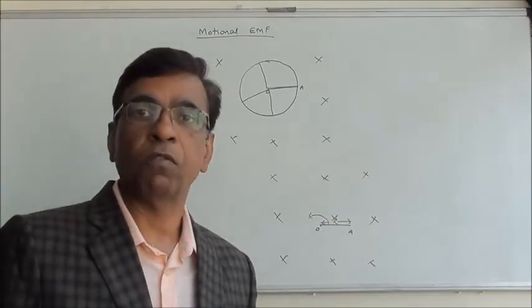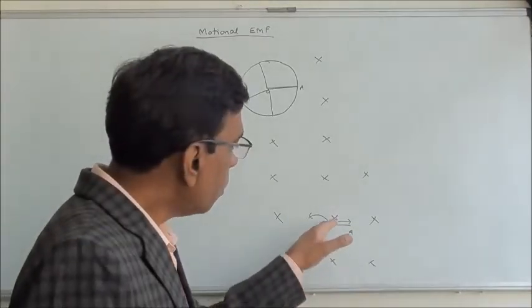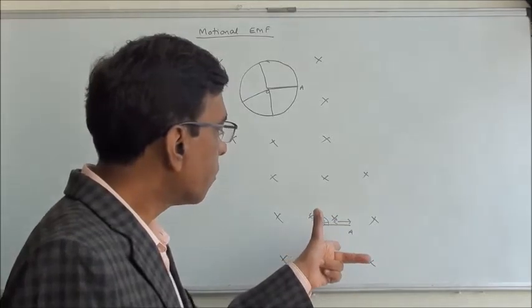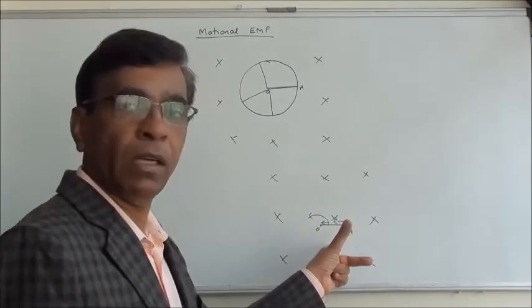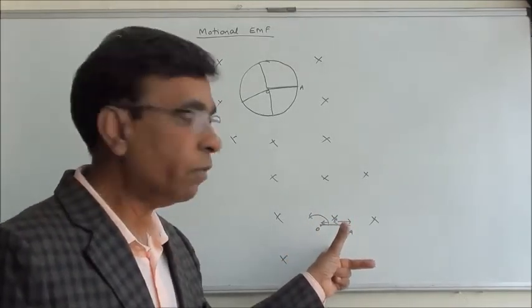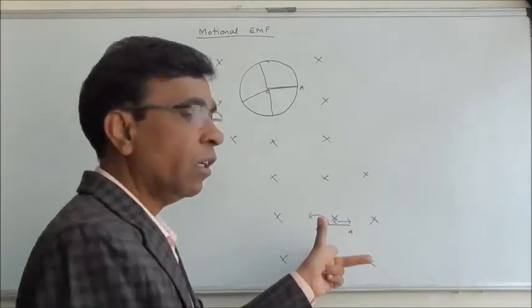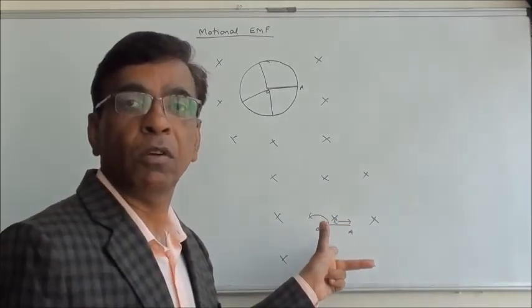What is the direction of force? If the electron is moving like this, forefinger in the direction of the field, central finger opposite to the direction of electron.